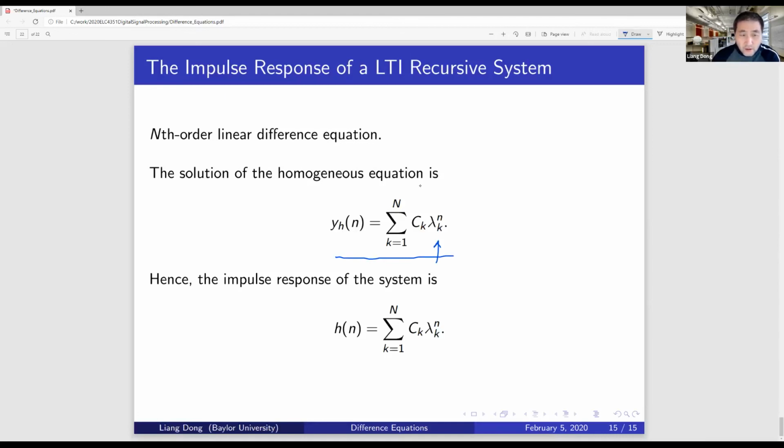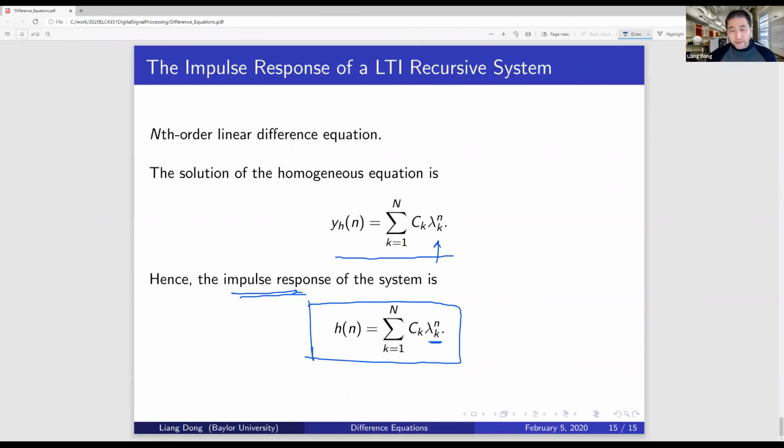Therefore, we know for a linear time invariant system, the impulse response is always in this format, because that's a homogeneous solution. The impulse response should be like a c sub k times a lambda sub k to the power n. It's a power term. And the impulse response always looks like that.